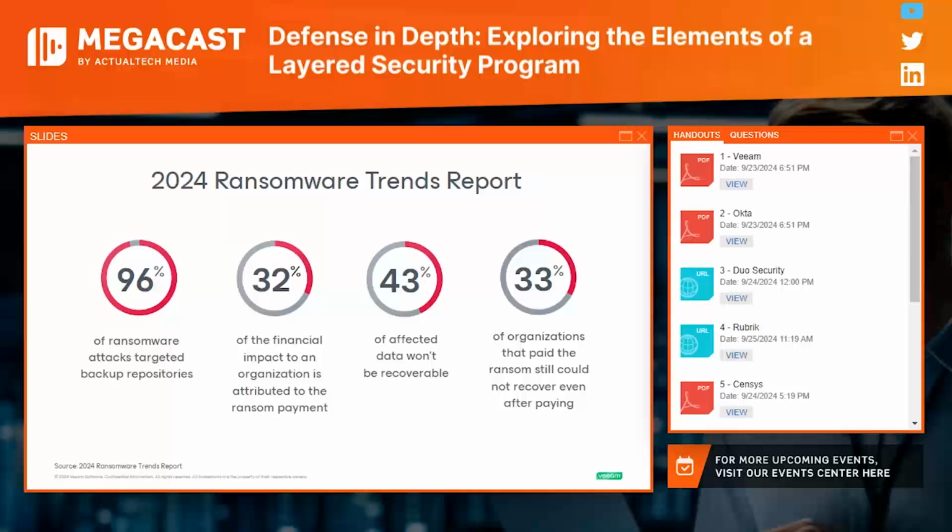Another important number there is the financial impact. It's far beyond just the ransom payment. If the organization is willing to pay, obviously that's not something that we recommend, but every case is different. Even if organizations pay a ransom, that's just part, that's 32% of the cost, right?